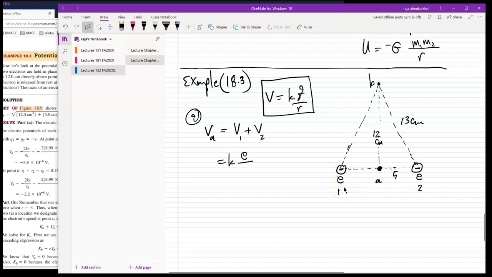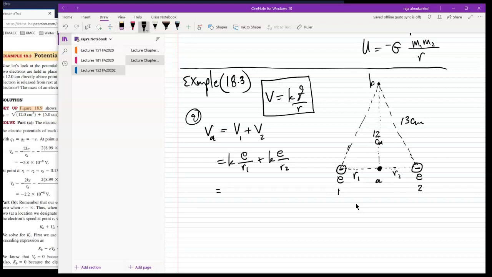Let's call this R1, which is 5, we already know that. And then R2. So that's just ke over R1 plus ke over R2.